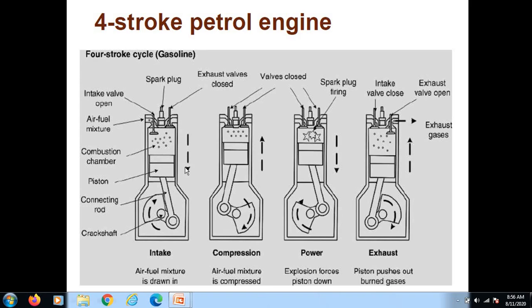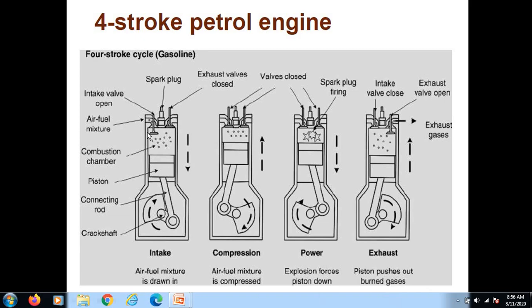Now imagine, as this piston is moving, the valve opens instantaneously. Since the piston is moving from top dead center to bottom dead center, suction will be created in the engine cylinder.